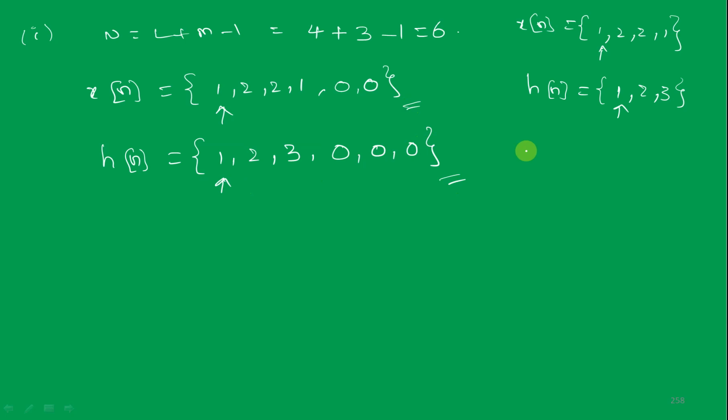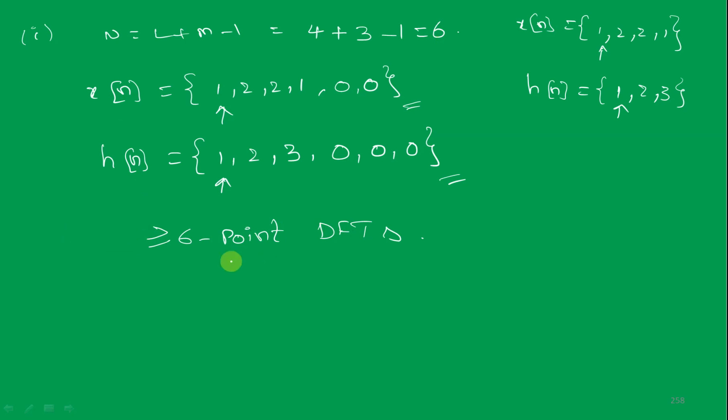Now if you count the length of x of n and h of n, that is 6. That means to find out the x of k and h of k, you may use greater than or equal to 6 point DFTs.